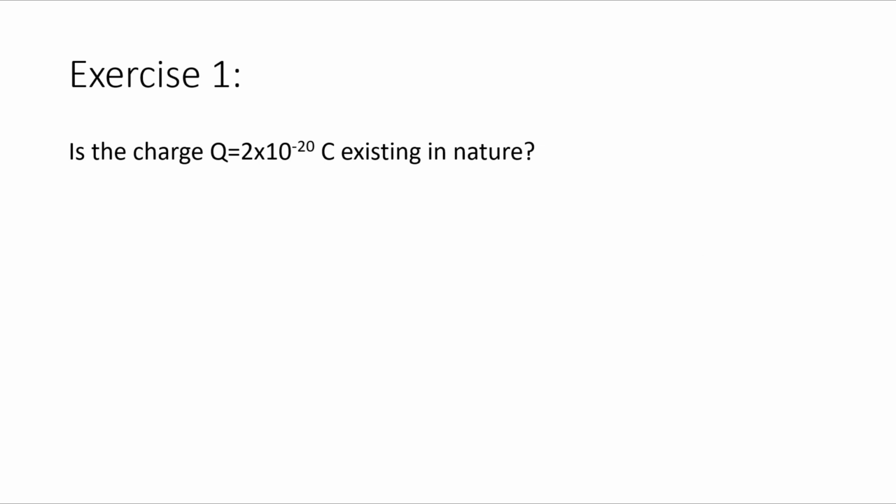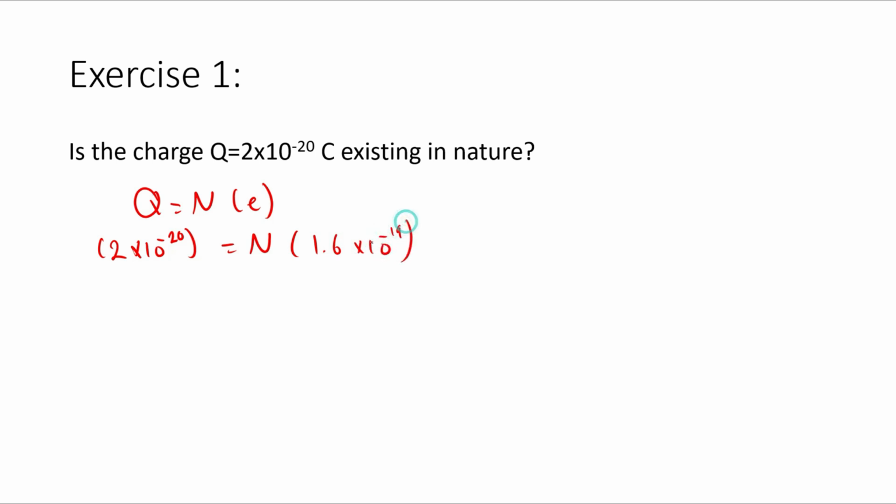Let's solve an exercise to see how we use quantization of electric charge in a simple way. Is the charge Q equals 2 times 10 to the power negative 20 coulombs existing in nature? Does it exist in nature? Let's see. I will use Q equals ne. Q is 2 times 10 to the power of negative 20, equal to n multiplied by 1.6 times 10 to the power of negative 19.